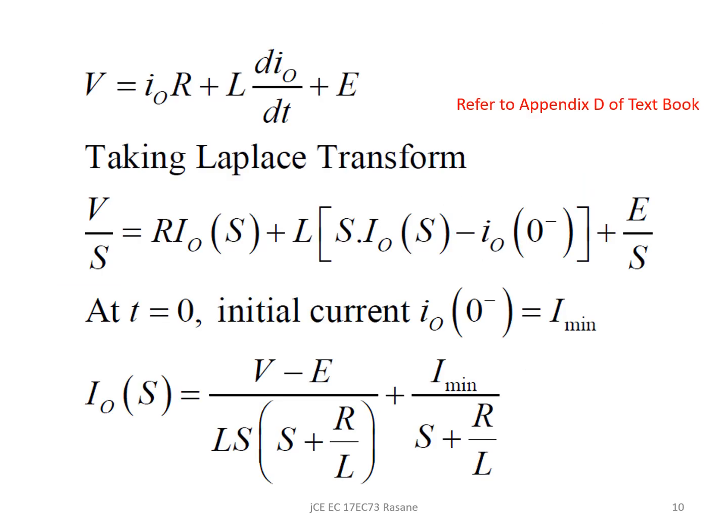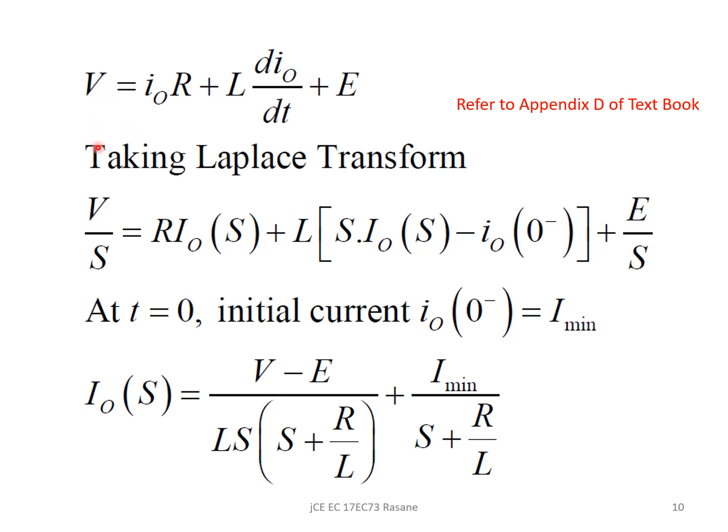So bringing the equation forward, I have written V is equal to I naught R plus L into di naught by dt plus E. Now, taking the Laplace transform, if you are referring to the Rashid book, in the appendix he has given all the transform values, Laplace transform formulas for different components, that is R, L, C, E, etc.